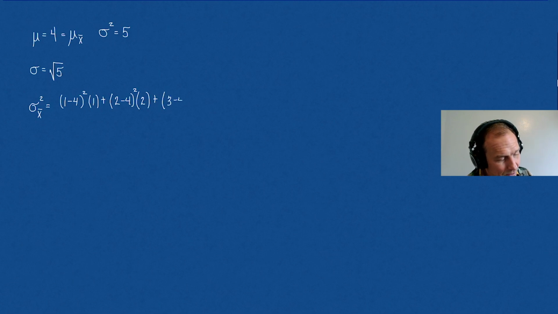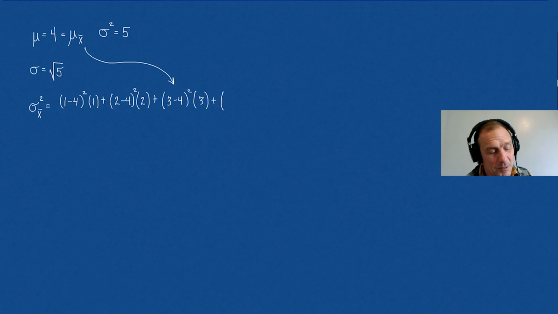We subtract the mean of 4. We're using the mean of the sample means, which just happens to be the same as the mean of the original population. So we take 3, subtract 4, we square it, and we multiply it by 3, plus.